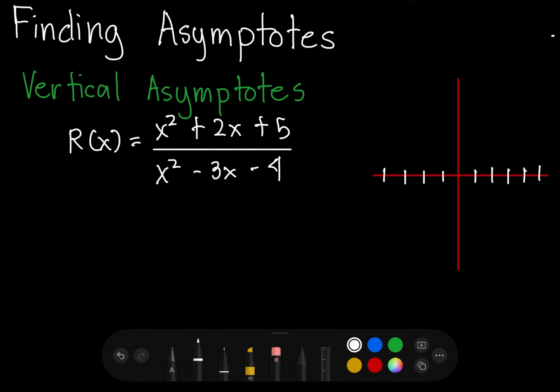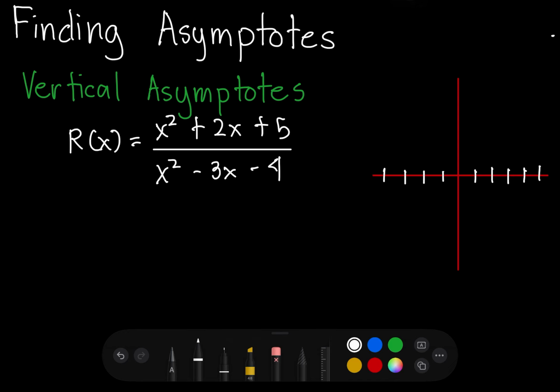We know that if we have a fraction in getting a domain, we don't want to have an undefined value. Now, how can we tell that we have an undefined value if we have 0 in our denominator?